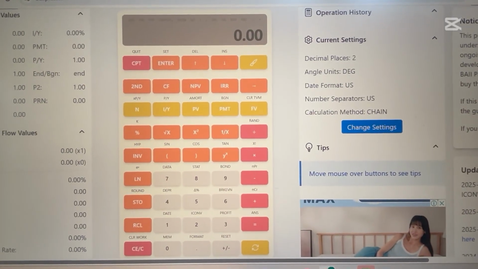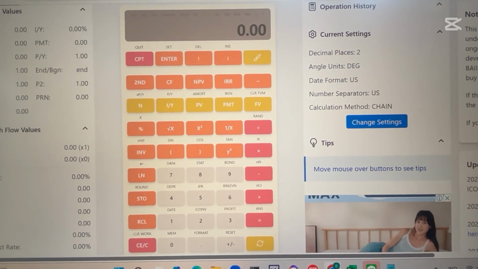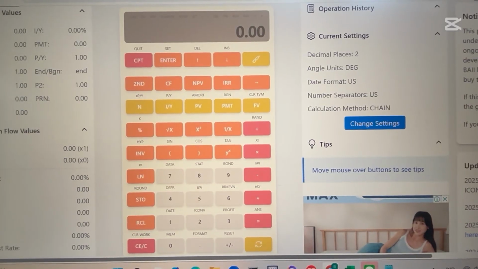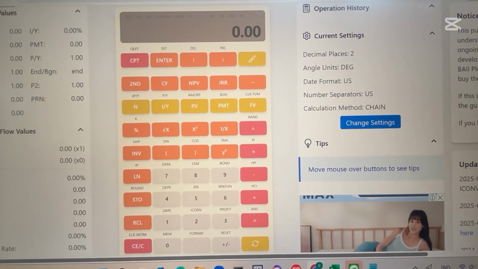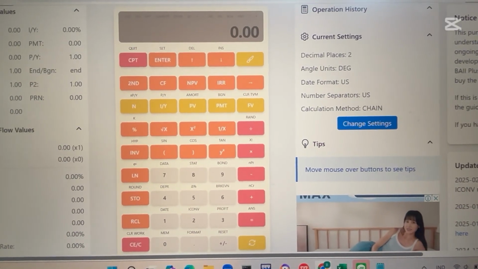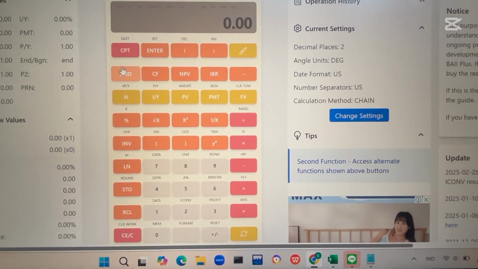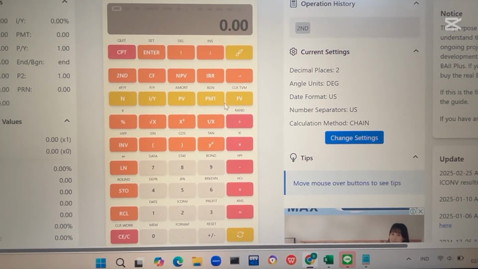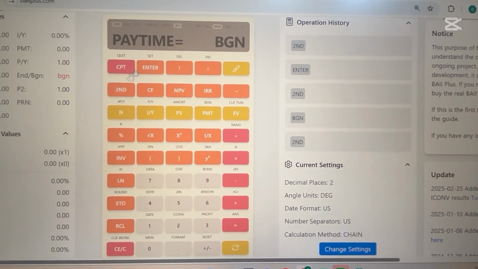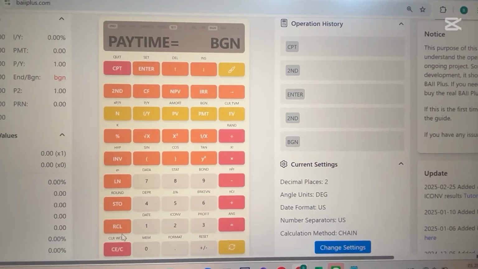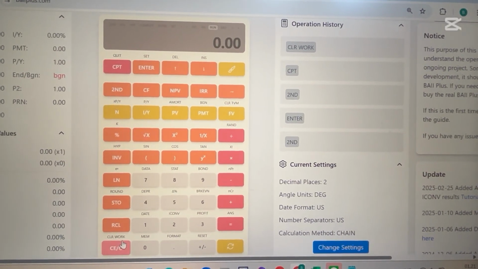Or the second way, we can use the financial calculator method. But first, since this is an annuity due, we must set the financial calculator to BGN, or beginning mode, before calculating. How to do it is press 2ND PMT, then enter, then 2ND CPT. Okay, so we can enter the values.